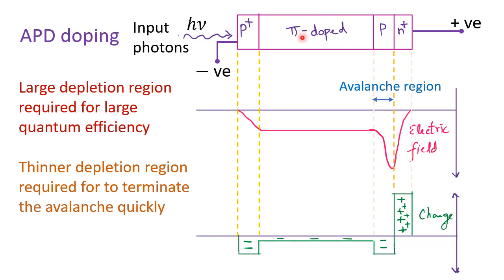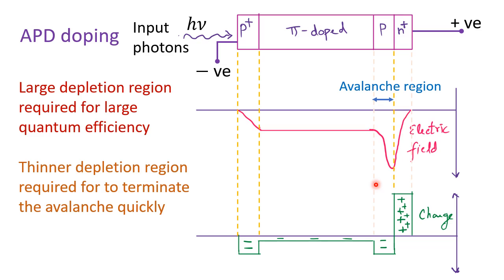This is how it is connected in reverse bias, with doping concentrations like this. This is the large electric field within the avalanche region. There is a normal region, the depletion region is all over the place, plus there is the extra avalanche region, and that is what really creates the nice multiplication of charge carriers.